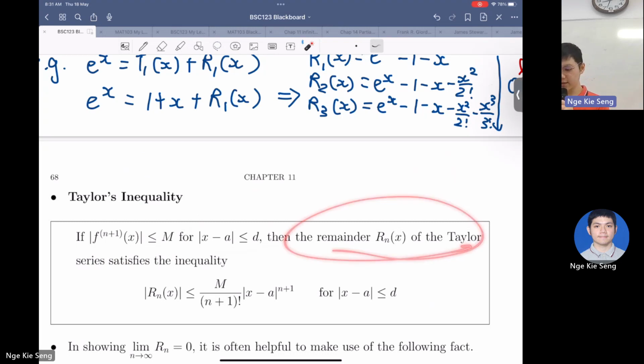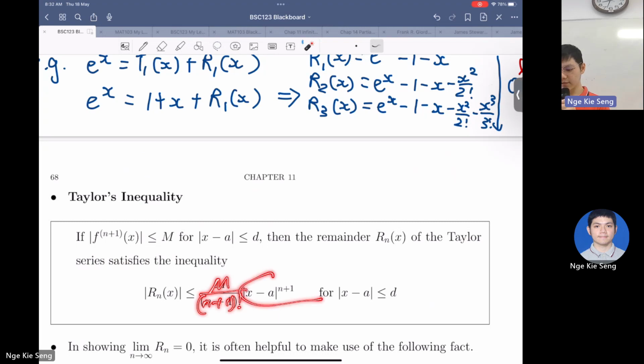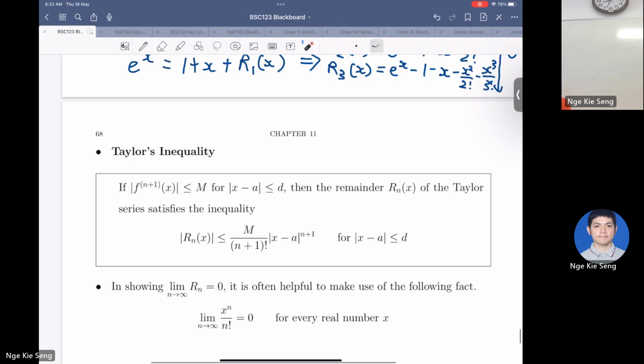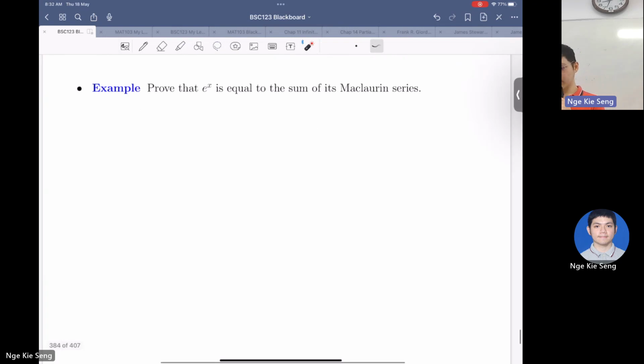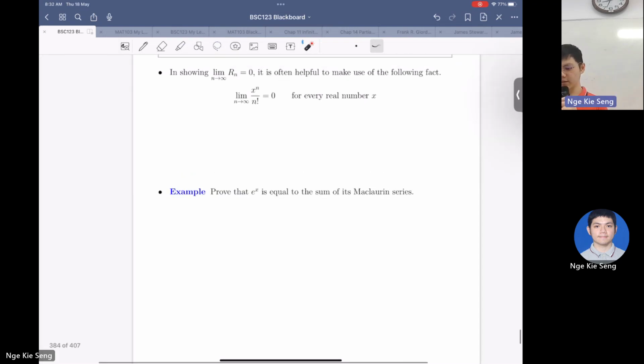Then the remainder is bounded by the constant M divided by (n+1) factorial times the absolute value of x minus a to the n+1. This is very useful. Let's not worry about this, I just mentioned it for the sake of the theory, and I will provide a solution for this example.